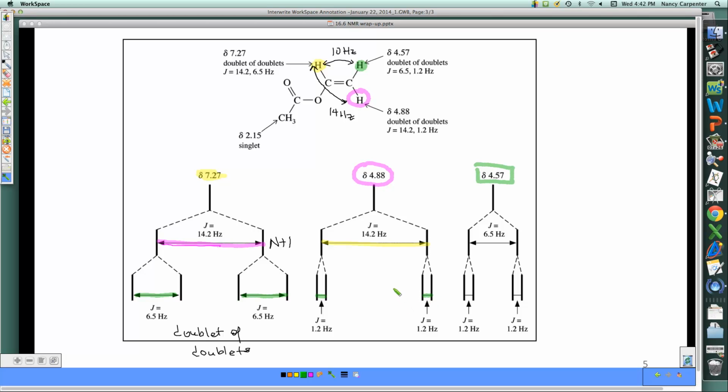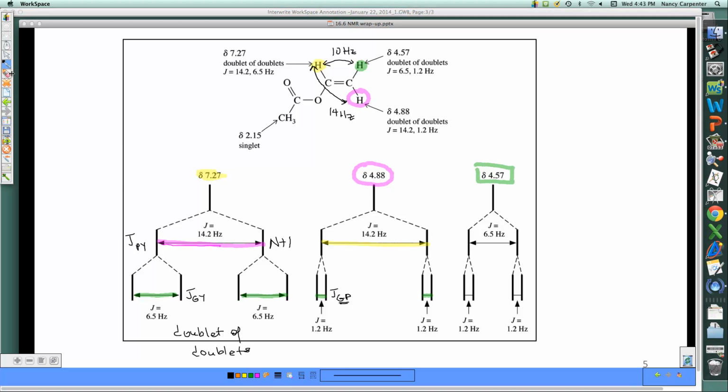Okay, so I should make this clear. Let's call this J pink yellow, and this is J green yellow, and this is J green pink. So I should probably double color code this, but that might get a little complicated.